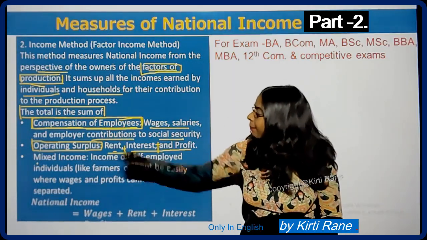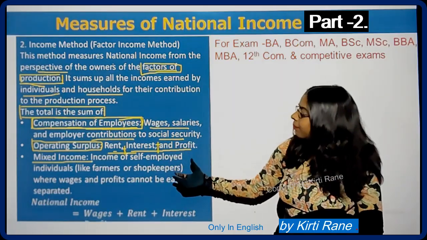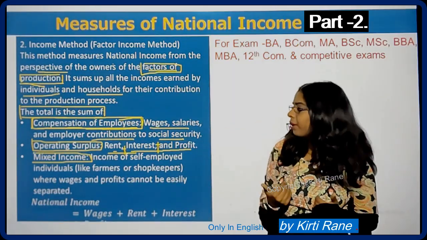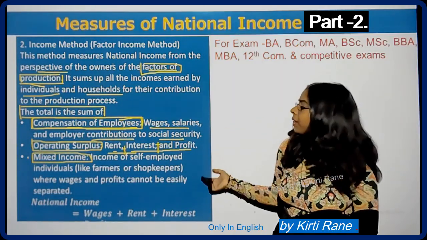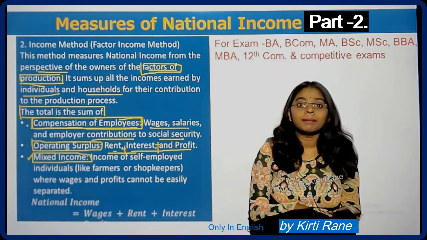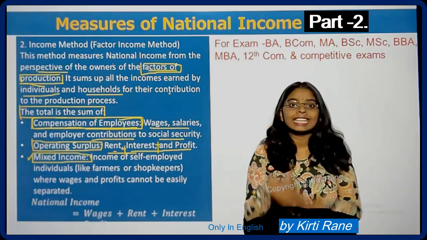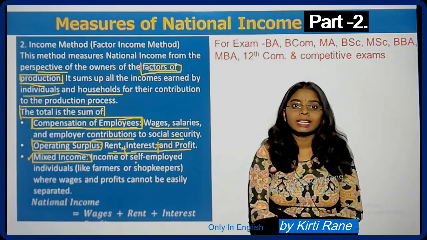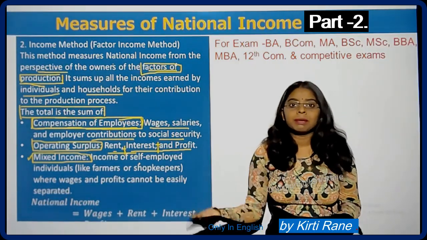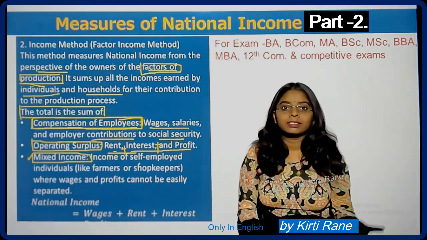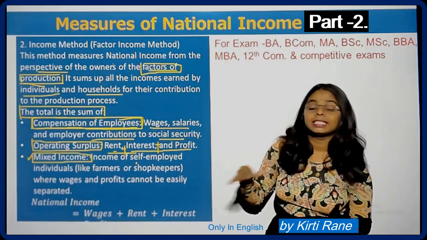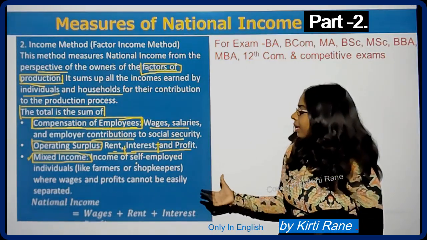The third is the mixed income. Mixed income is the income of self-employed individuals like farmers or shopkeepers. They do not earn salary, profit or interest separately. They produce by themselves and they sell it by themselves. So mixed income is the income of the self-employed.